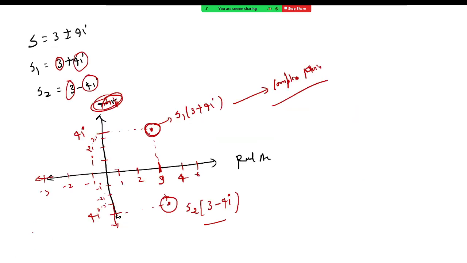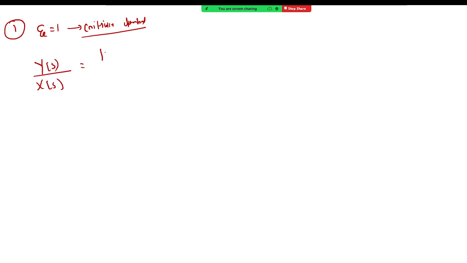So let's try to understand one thing. First, I am talking about when zeta is equal to 1. This was your critically damped case, right? Your value of Ys divided by Xs was Kp divided by tau square s square plus, if zeta is equal to 1, can I write 2 tau s plus 1?